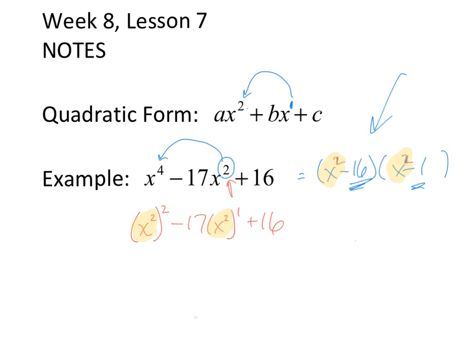Everything that's in the parentheses is an x squared. Over here in the factored side, those are also x squares. All right, and you can kind of see how this lines up with what's written down here. I've got something squared, and then minus 17 times that exact same something plus 16.